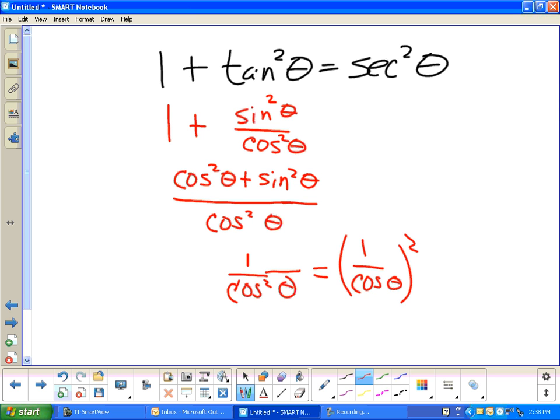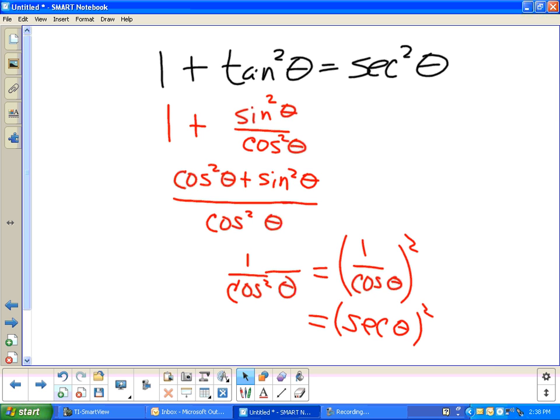What's 1 over cosine from our very first identity? Secant. So it becomes secant theta squared, which is the same as saying secant squared theta.